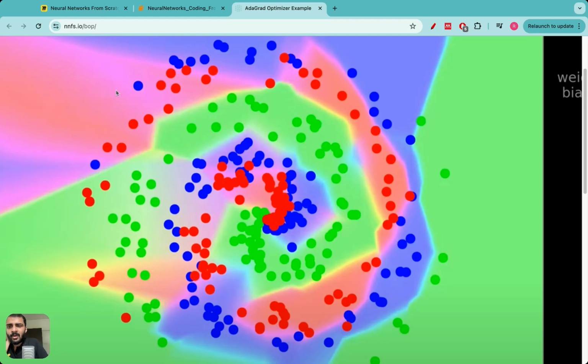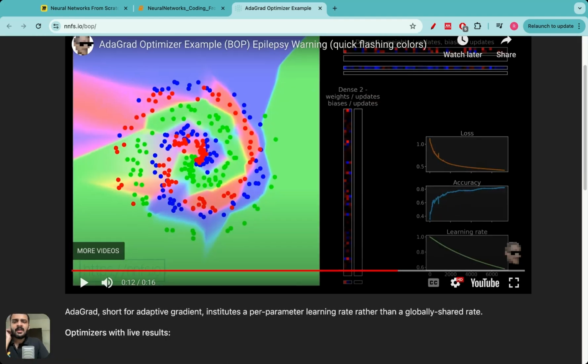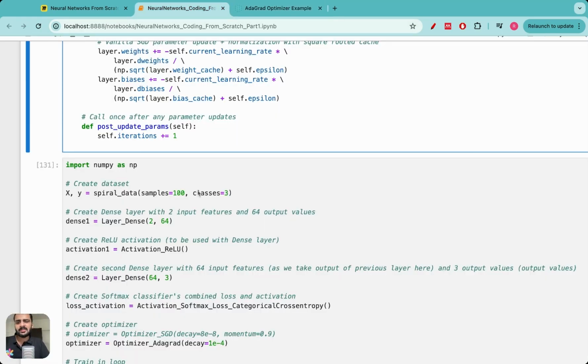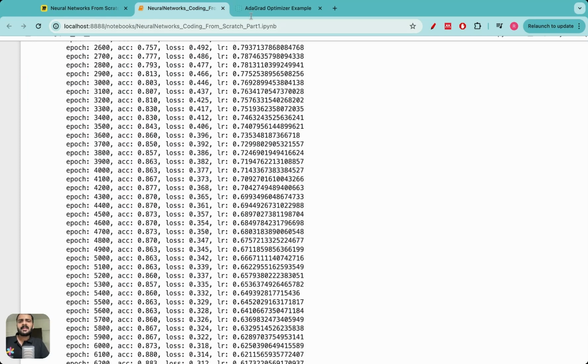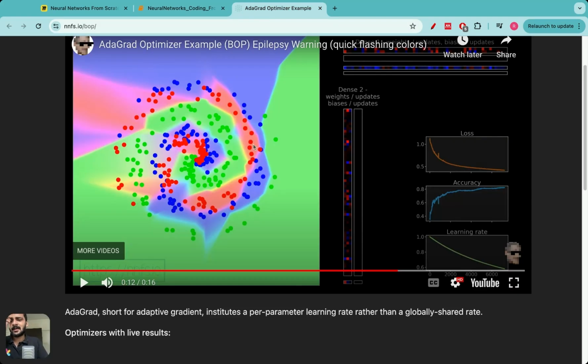Again here, the boundary is red in color, but this point is blue, so misclassified. It has a good accuracy, as you can see in the plot on the right, around 0.8. But there are some mistakes which this Adagrad optimizer makes. So it's not the best optimizer, but it's definitely much better than just using a learning rate decay.